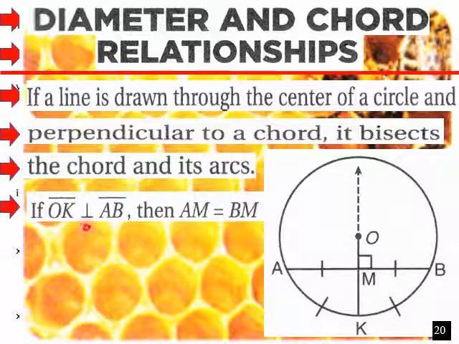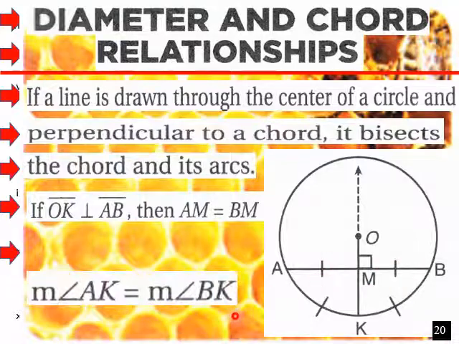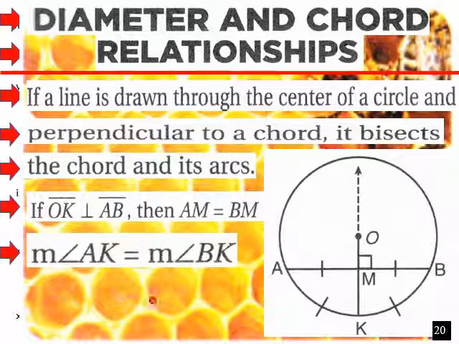If segment OK is perpendicular to segment AB, then AM equals BM right here. These are congruency marks. Measure of arc AK equals the measure of arc BK here.